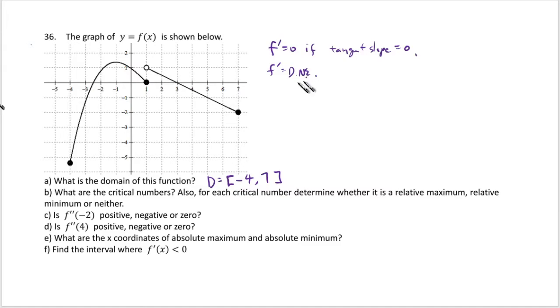Actually, the derivative may not exist for two reasons. Number one reason is not continuous. Number two reason would be it has a sharp turn, sometimes called a corner. I don't see any corners in this picture. I do see a point that's discontinuous.